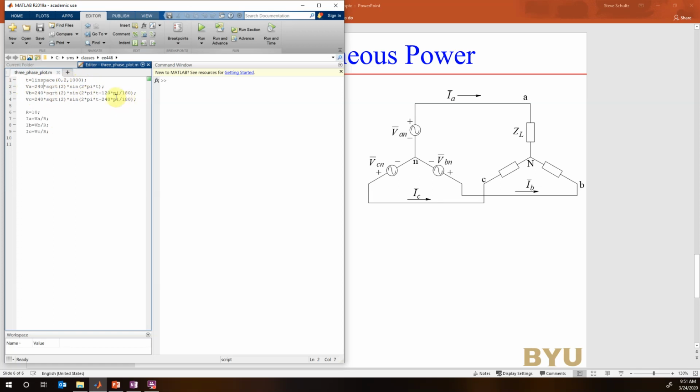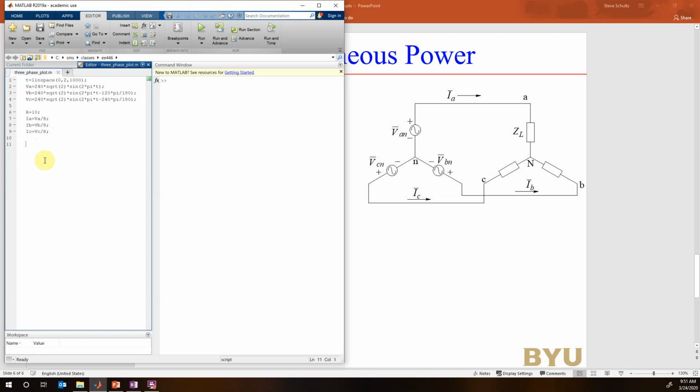And then VB has this extra minus 120 degrees, and the VC has the minus 240, which is the same thing as the plus 120. Then I just chose a resistor of 10 ohms, and the currents are just going to be these voltages divided by the resistor.